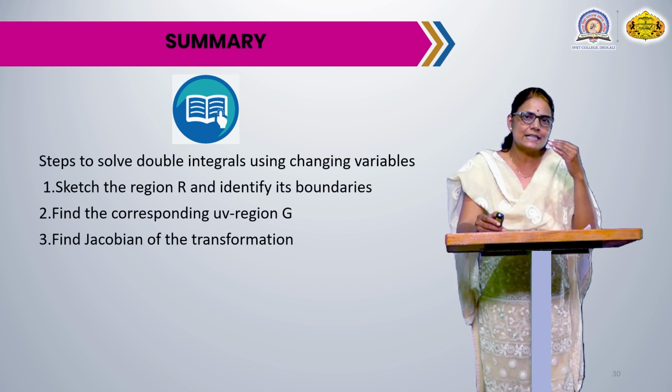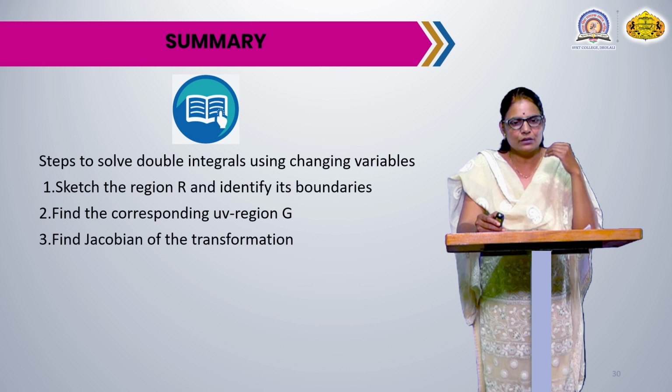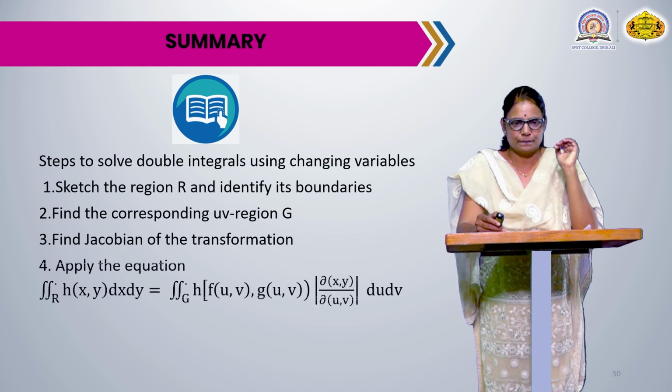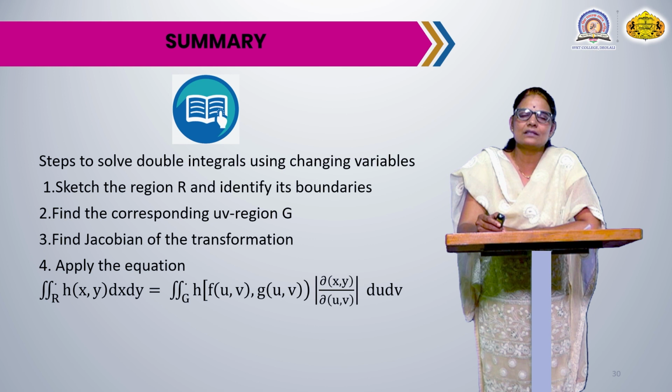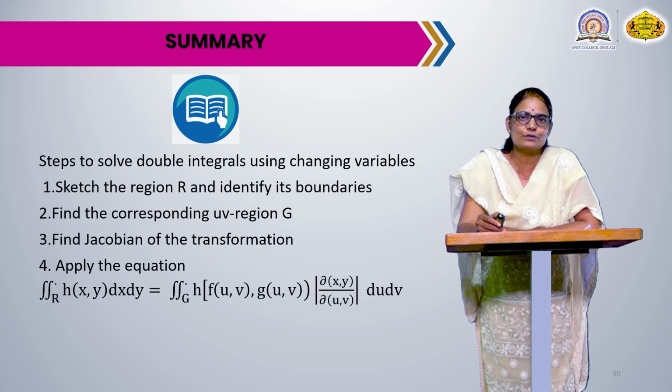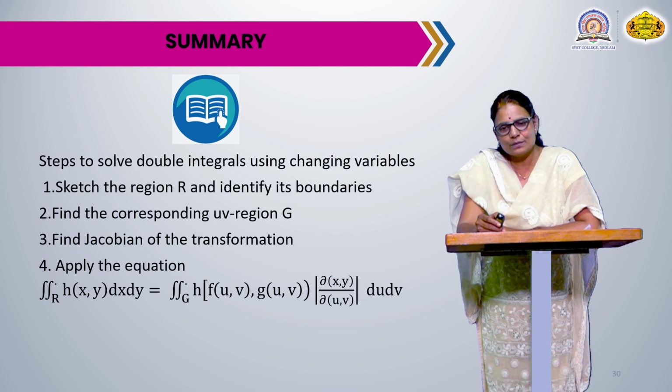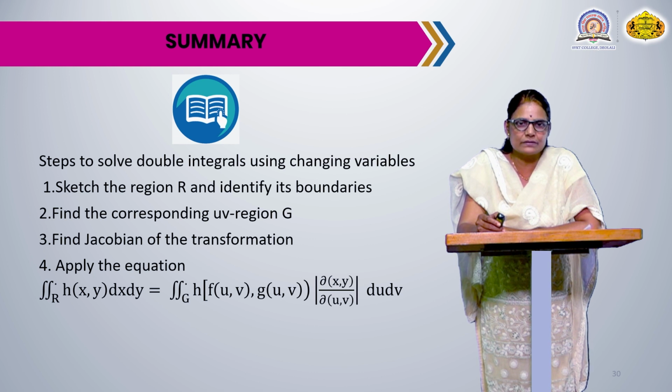These second and third steps are interchangeable; we can either find the Jacobian first and then find the region G. And the last step is to apply the transformation, that is, write the integration which is in terms of xy in terms of u and v by using this formula.